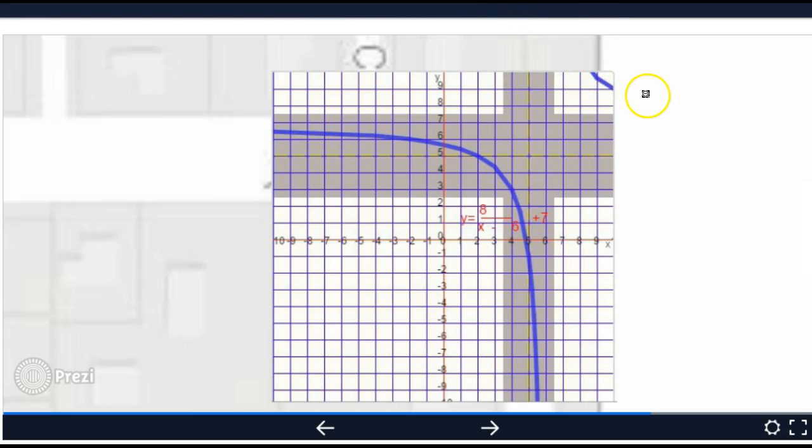And then if you wanted to see what the 8 means, what the 8 means is that if I multiply, for example, the parent function x value of the point and the y value of the point, I should get 8, okay? So that means like on the parent function, some of the points that you might see would be (8, 1) and (1, 8).